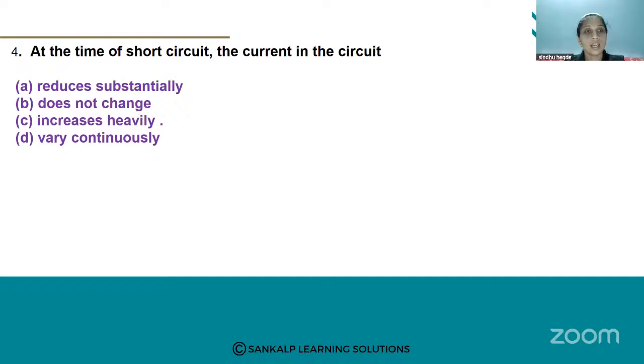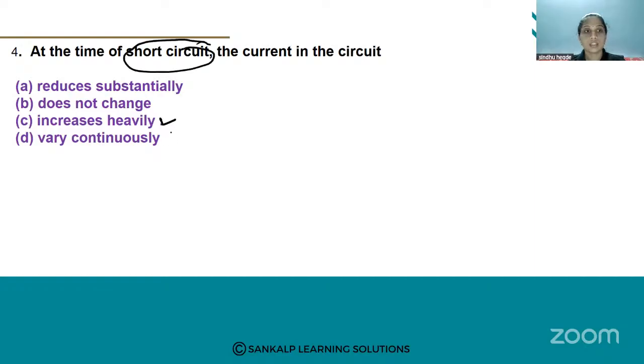Next, fourth one. At the time of a short circuit, what happens to the current in the circuit? Reduces subsequently, or does not change. Third one, increases heavily. And fourth one, varies continuously. When a maximum or excessive extra current flows in the circuit, it causes a short circuit, right?